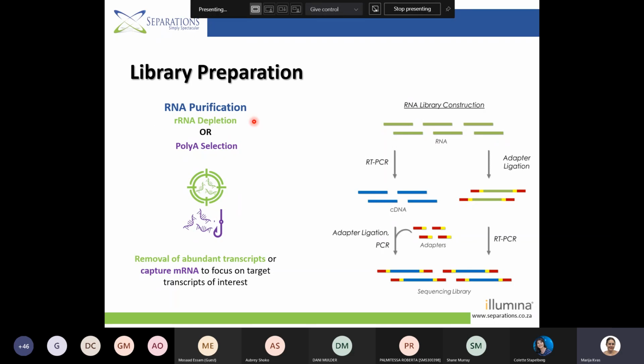We physically pull it out, or we can use poly-A selection, which will capture mRNA, right? And then from there on, we will go into obviously cDNA synthesis. So we will do a reverse transcription where we would create double-stranded cDNA. And then, like any other library prep, we want to ligate the adapters onto our cDNA in order to make it sequencing ready. This is a really simplified workflow, but in a nutshell, that is the principle behind the library prep.